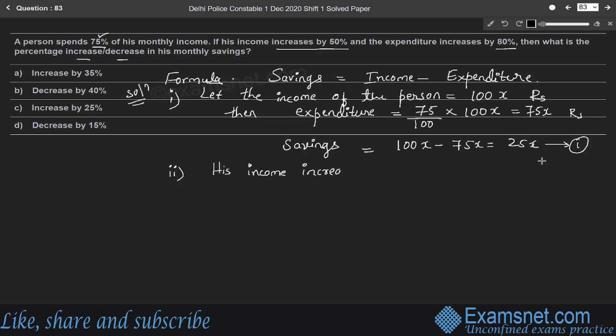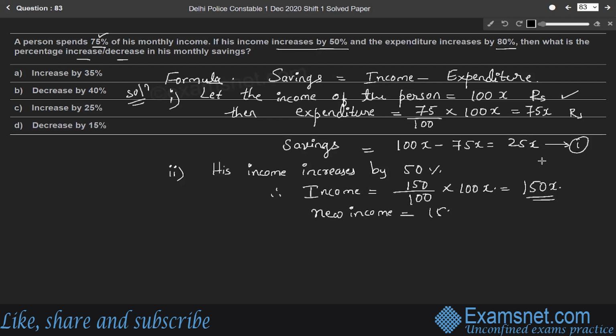So for 100, if it increases by 50%, it becomes 150. So if the income of the person is 100x, then the increased income will be 150x. Income becomes 150x. This is the new income.